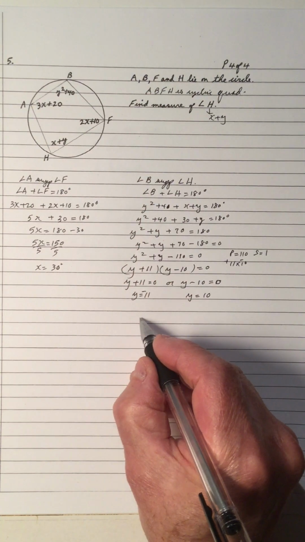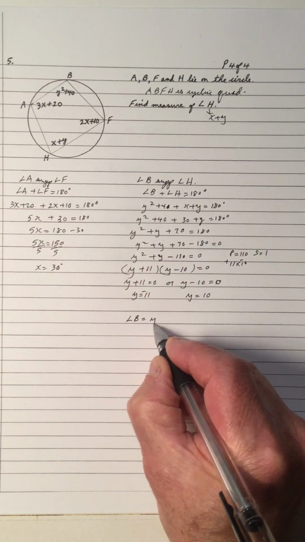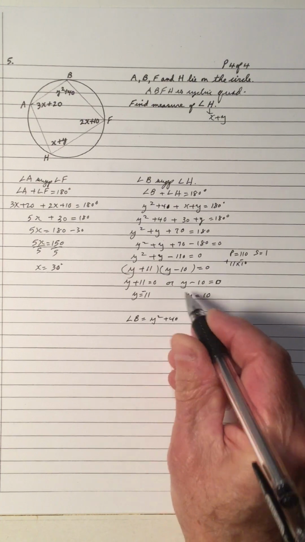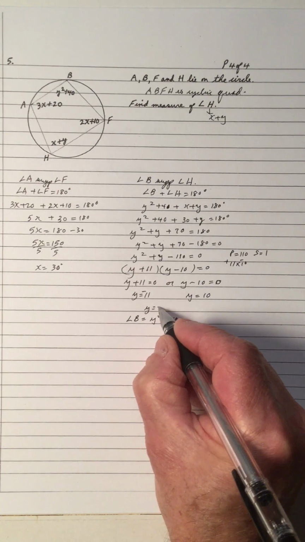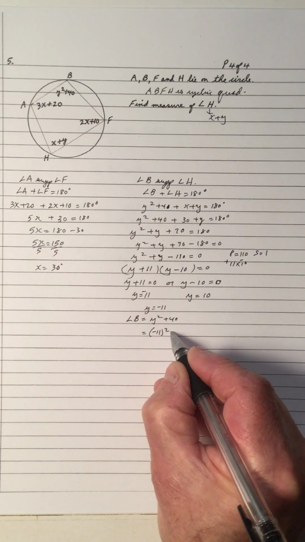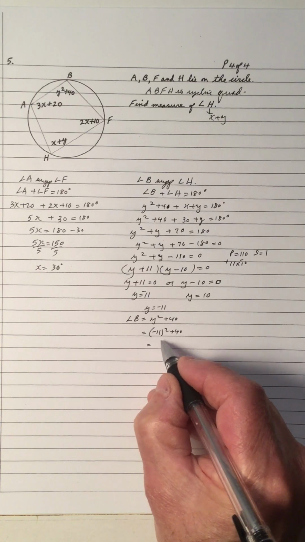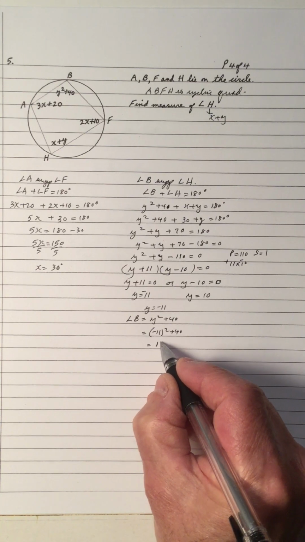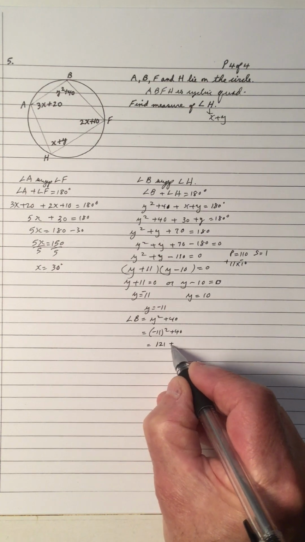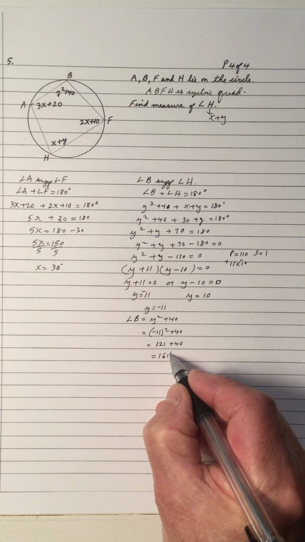Let's take angle B, which is y squared plus 40, and we put in y equals negative 11. We get negative 11 squared plus 40. 11 times 11 is 121, plus 40 is 161.